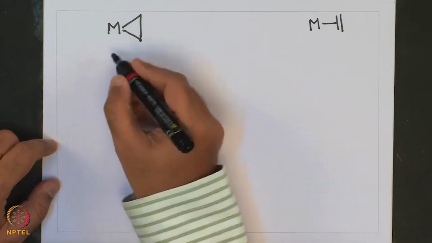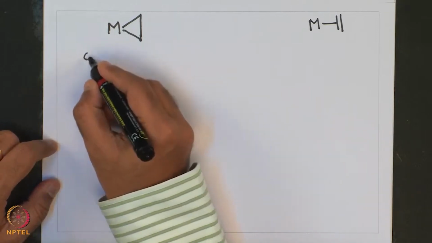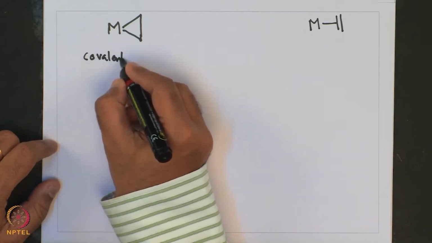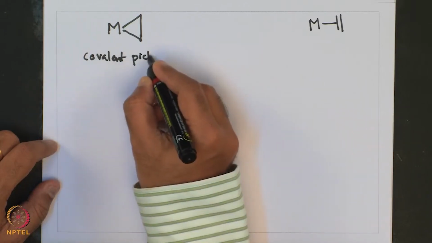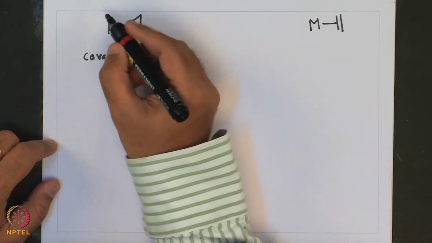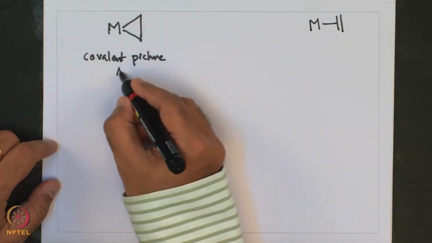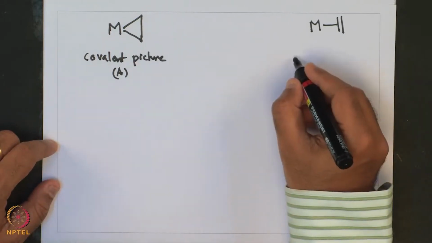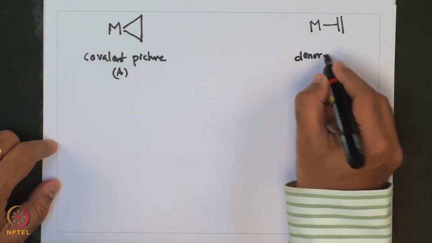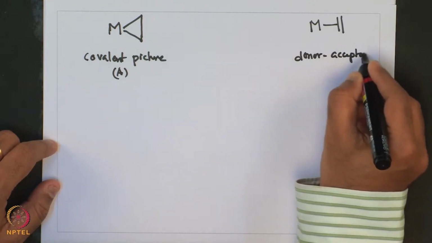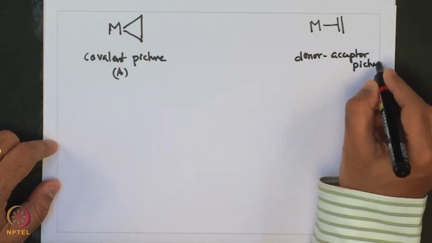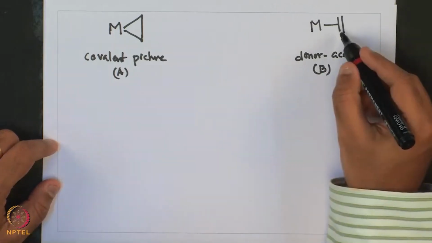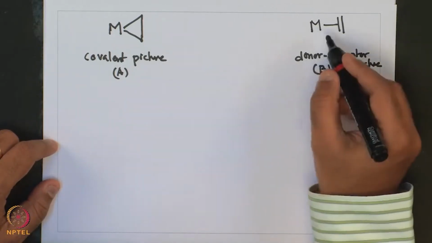So, this can be spoken about as the covalent picture. Let us say this is form A, and this can be called the donor acceptor picture, and this can be designated by form B. Here the donor is the olefin alkene and the acceptor is the metal.